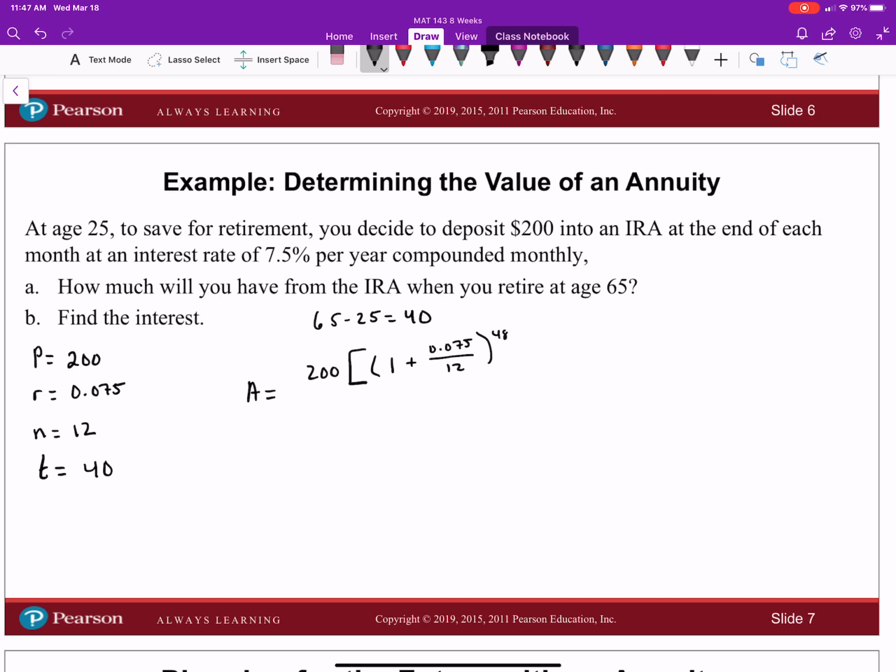So we'll just go ahead and multiply that and put that up there. Then it's minus your 1, close your bracket, all over your 0.075 divided by 12. Now, when we stick this in the calculator, we should get $604,765.